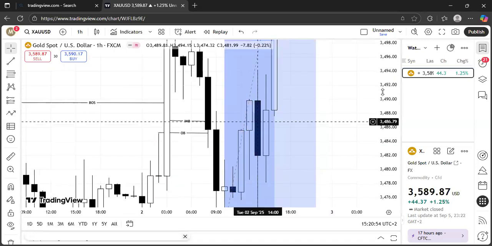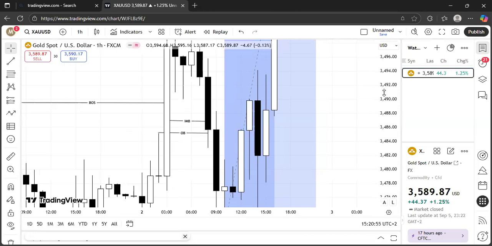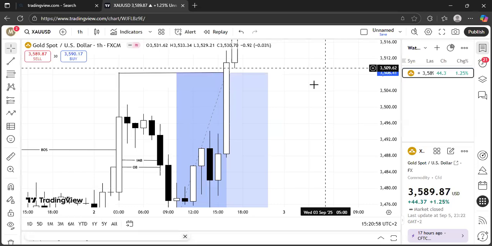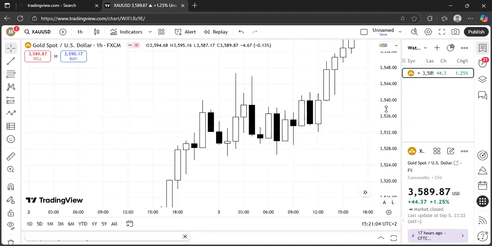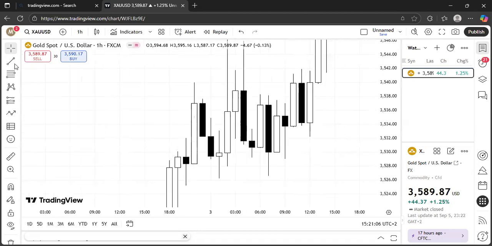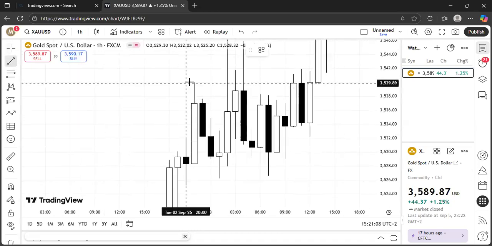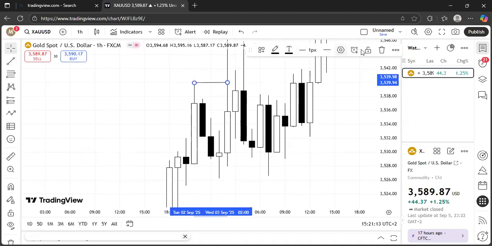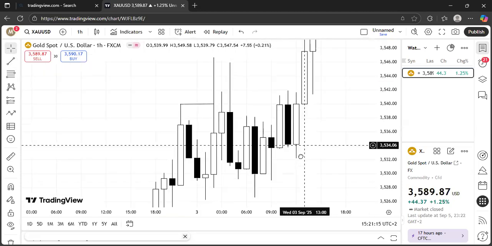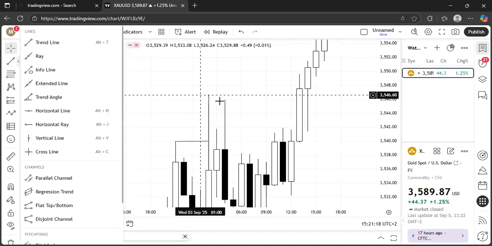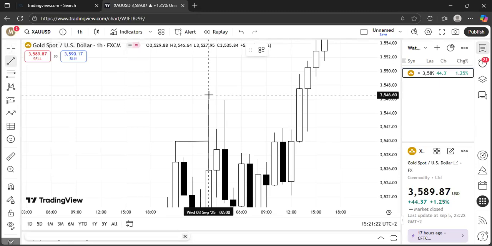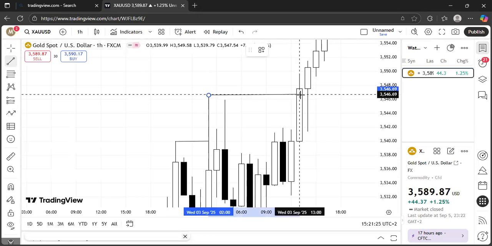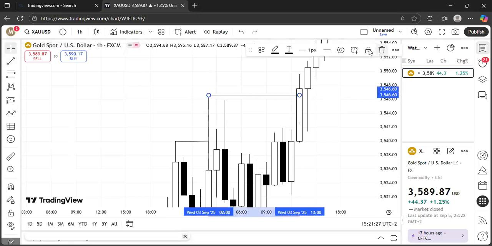Okay, we've already done this, we've already done that. Okay, I think we found our structure. Let's say this is another break of structure to the upside. We have our structure, and we also have the high that created the structure.